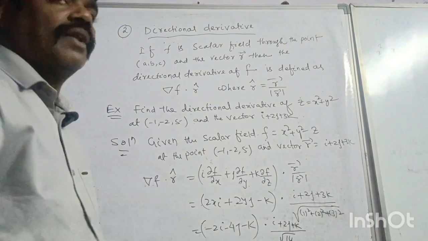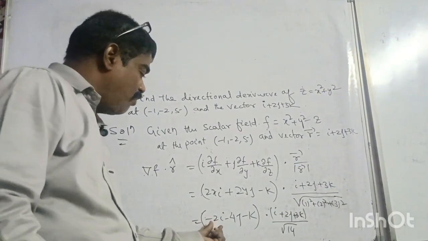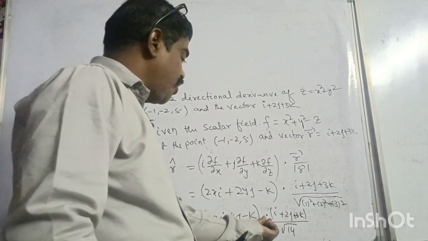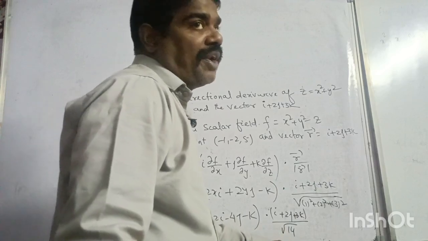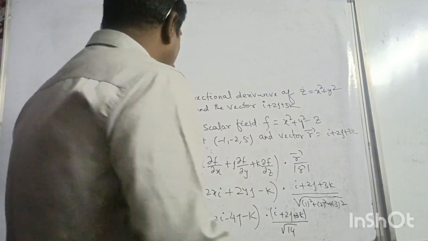Okay? So what you got? -2i minus 4j minus k dot product i plus 2j plus 3k by under root 14. Right or not? Okay. Dot product is here. I already told you about the dot product.